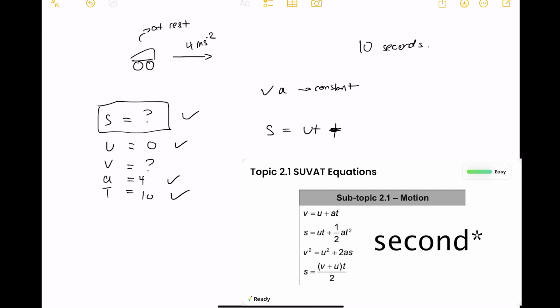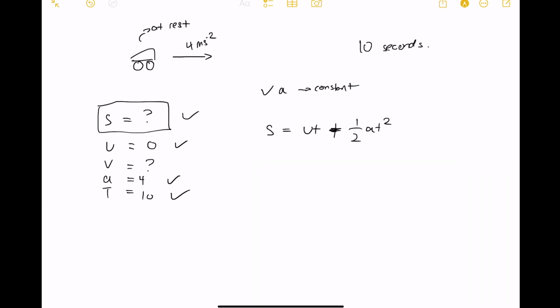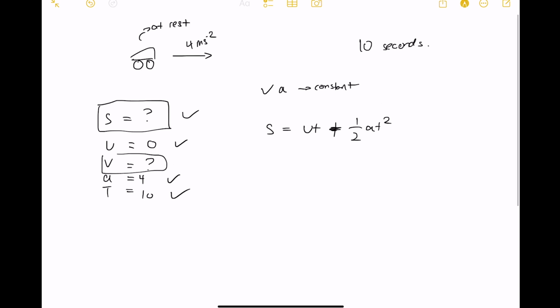Looking at the first equation, we have S equals UT plus half AT squared. We have purposefully picked an equation that does not contain the variable V. Equations 2, 3, and 4 all contain the variable V, and because V is unknown, we cannot use them. So let's plug everything in.